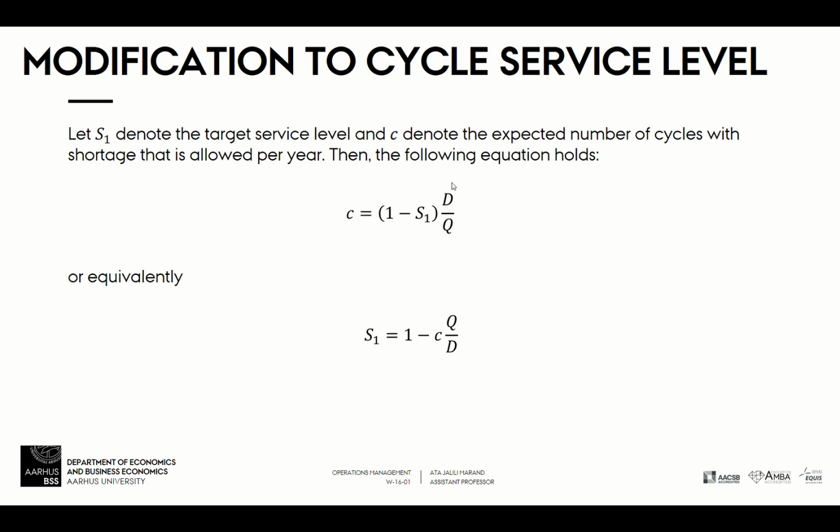And if you remember from the economic order quantity model, D over Q was the expected number of cycles per year. So if we multiply the expected number of cycles per year by the fraction of the cycles with shortage, then we will get the expected number of cycles with shortage per year. And then if we solve this equation for S1, we can see S1 is equal to 1 minus CQ over D. We'll see some examples in which we need to use this formula to do our calculations.